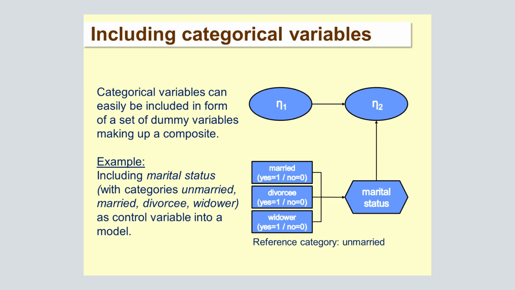We then construct 3 variables, one called married, one called divorcee, and one called widower, which have a level of 1 if this category is present and a value of 0 otherwise. The reference category is unmarried. That means if all three indicators have a level of 0, then the category unmarried is active.